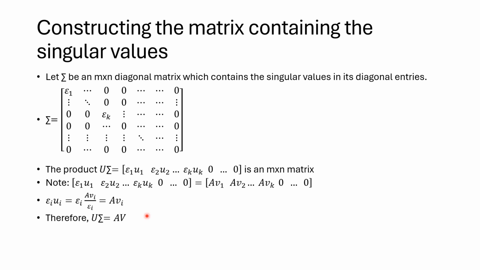All we have to do is multiply both sides with the inverse of V from the right. And we know that the inverse of V is just V transpose because V is a matrix that contains orthogonal vectors. Doing so gives us this formula, this decomposition right here.